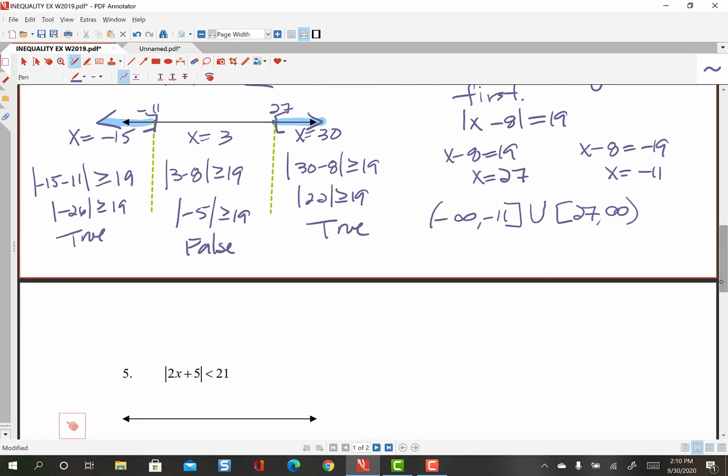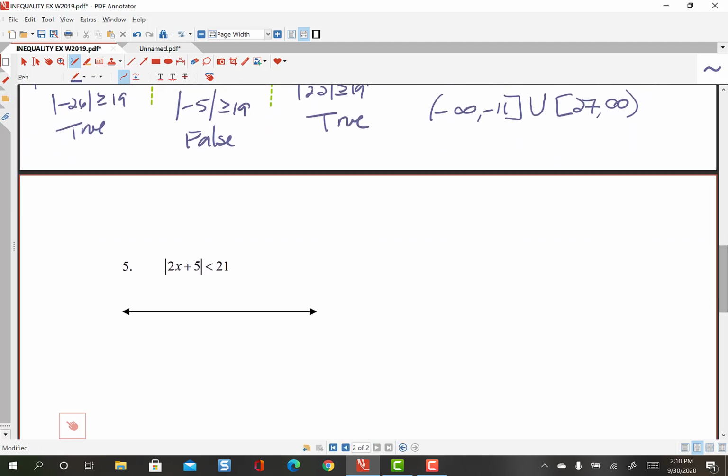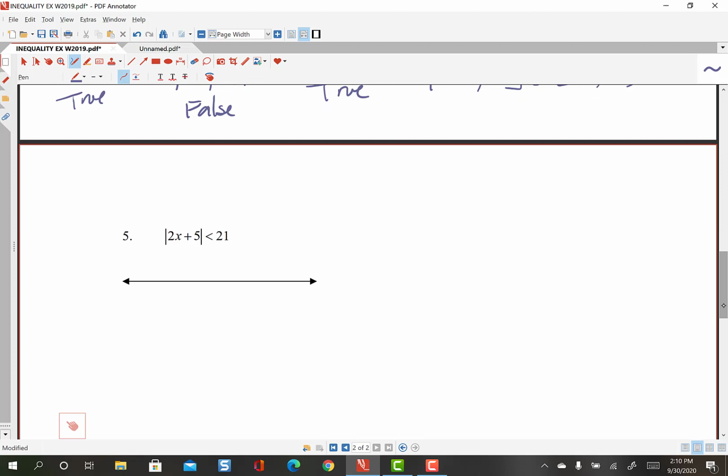All right, so let's try this one here. We're just going to turn this over. So again, if I try to solve this as an equation to start with, I have the absolute value of 2x plus 5 equals 21.